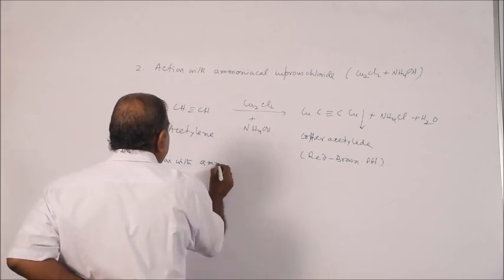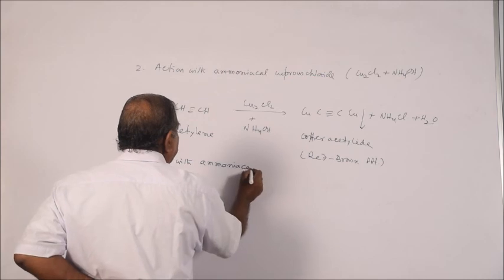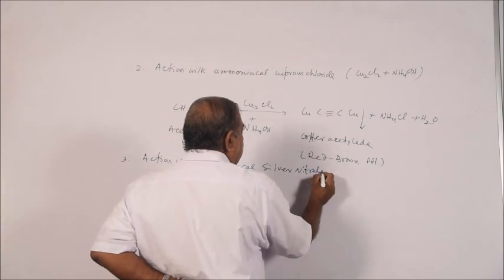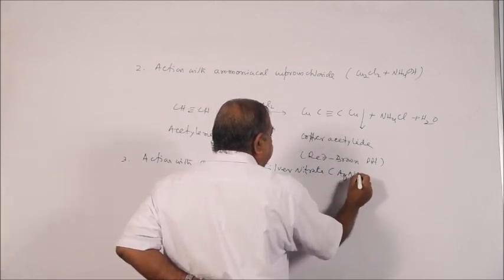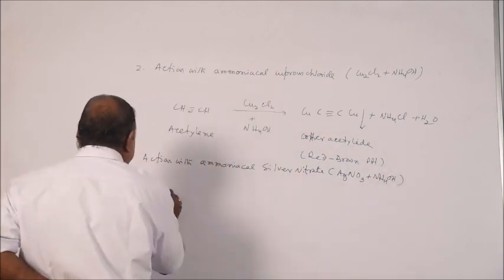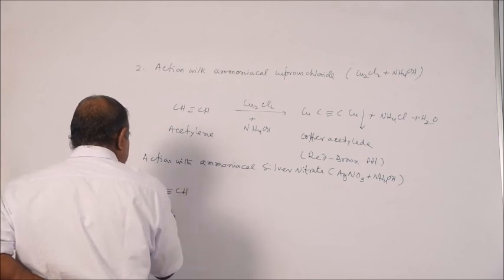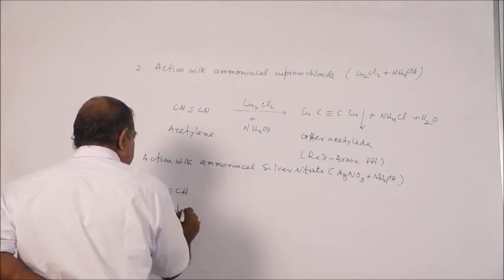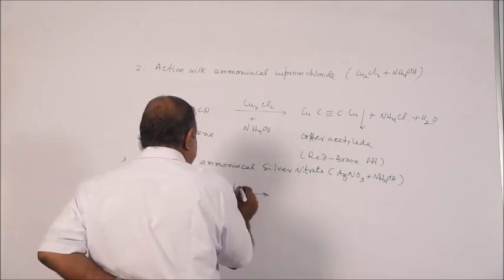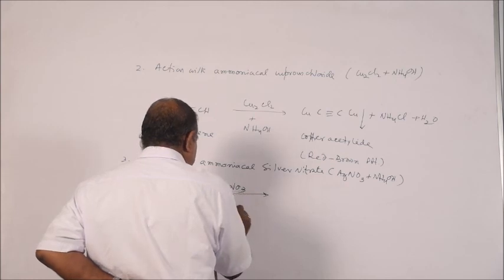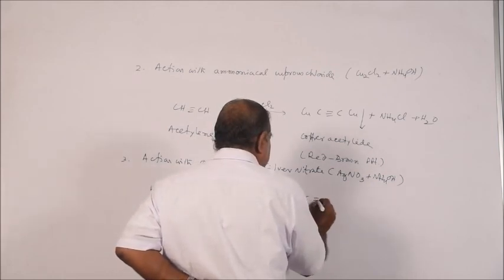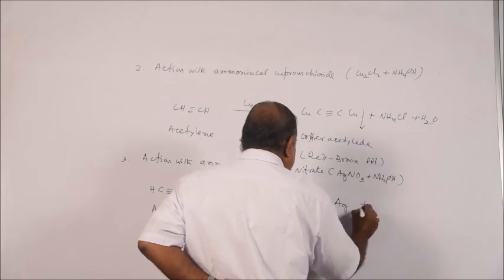Third, reaction with ammoniacal silver nitrate. Here silver nitrate is mixed with ammonium hydroxide. When acetylene gas is passed through ammoniacal silver nitrate, the hydrogen atoms are replaced by metallic silver, giving you silver acetylide.